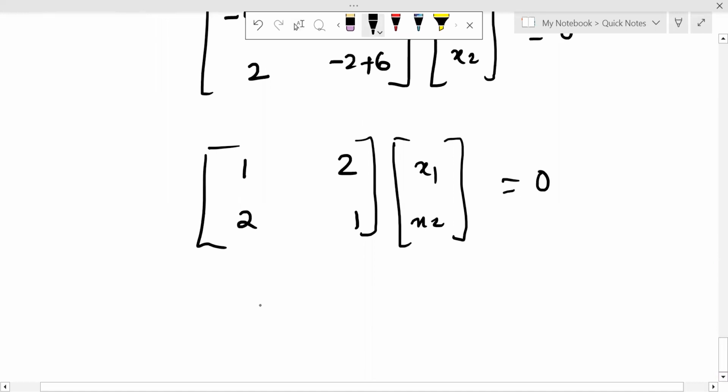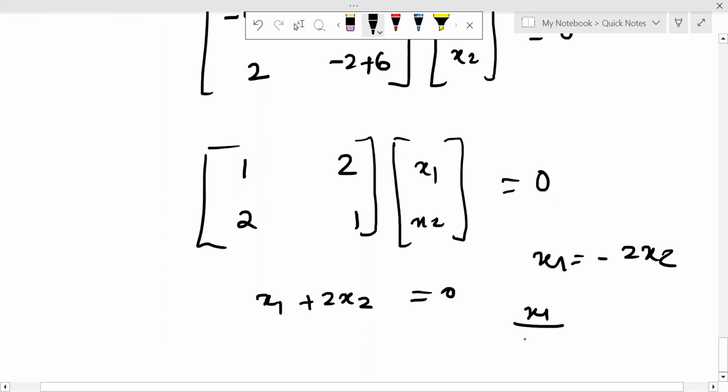Then x1 plus 2x2 is equal to 0. Then x1 is equal to minus 2x2. So x1 by 2 is equal to x2 by -1.